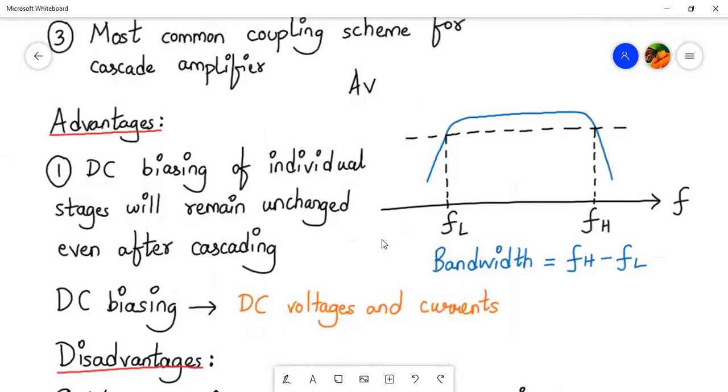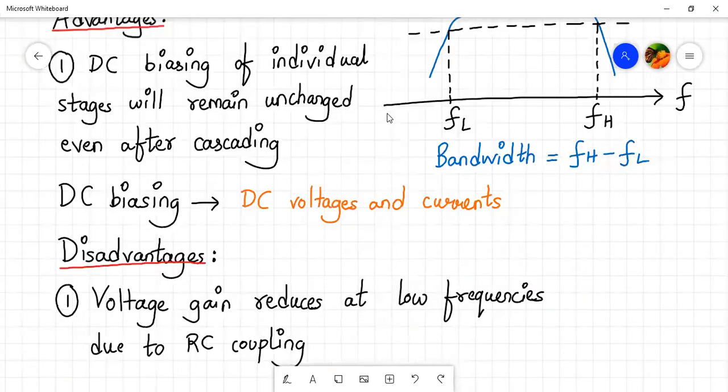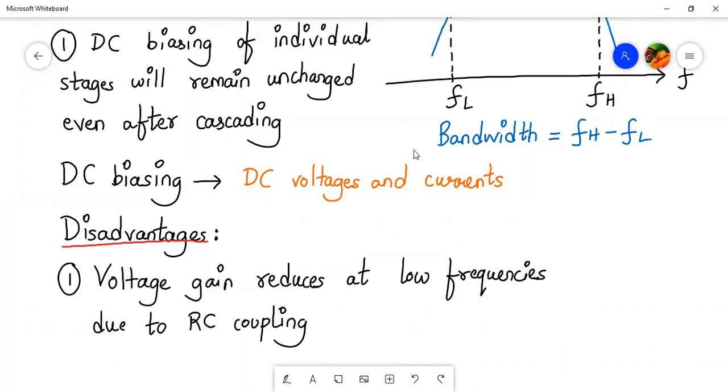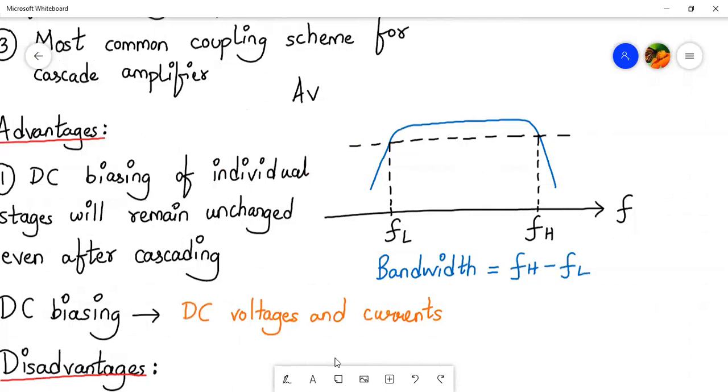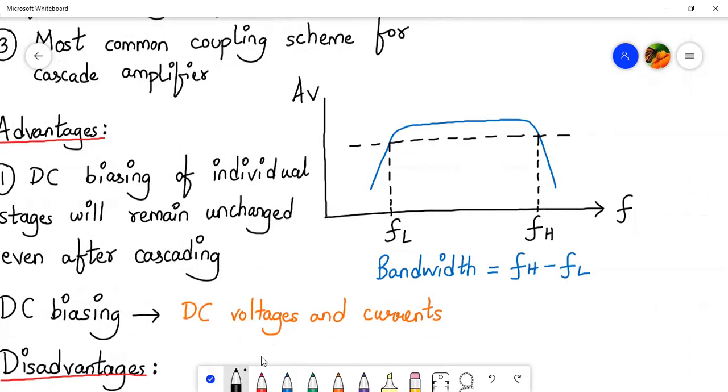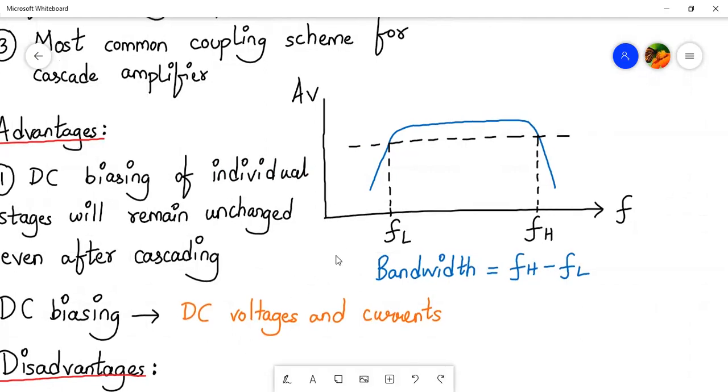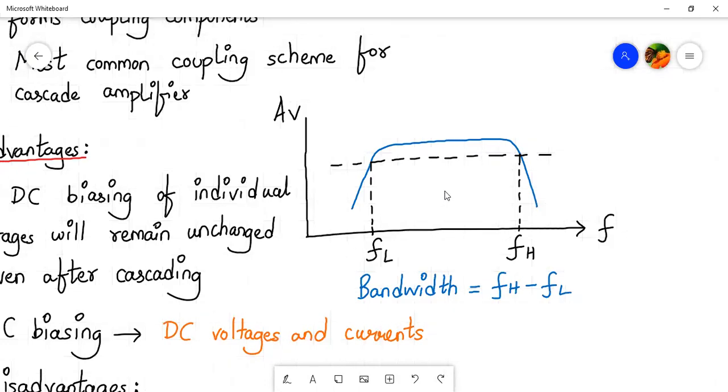And if we have an RC coupling scheme, the disadvantage is that the voltage gain reduces at low frequency due to RC coupling. So what is this which you see in front of your screens? This is the frequency response of a cascaded amplifier which employs RC coupling.